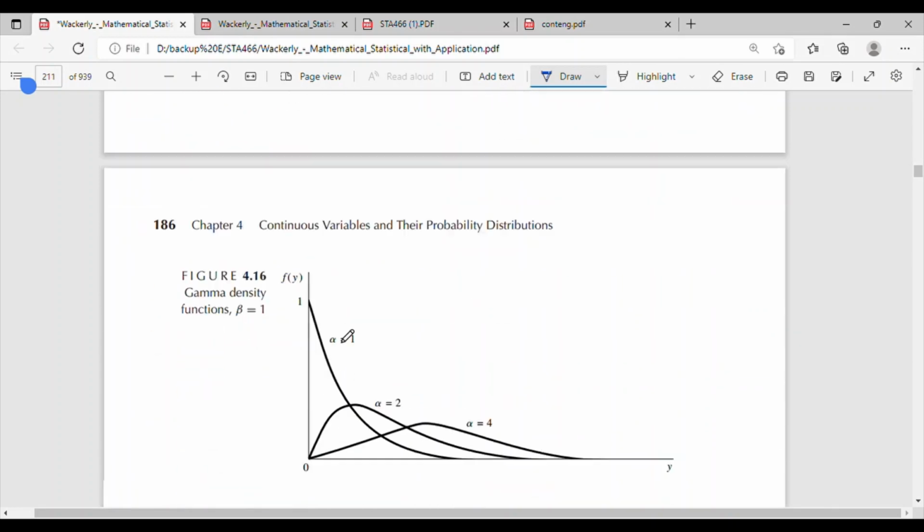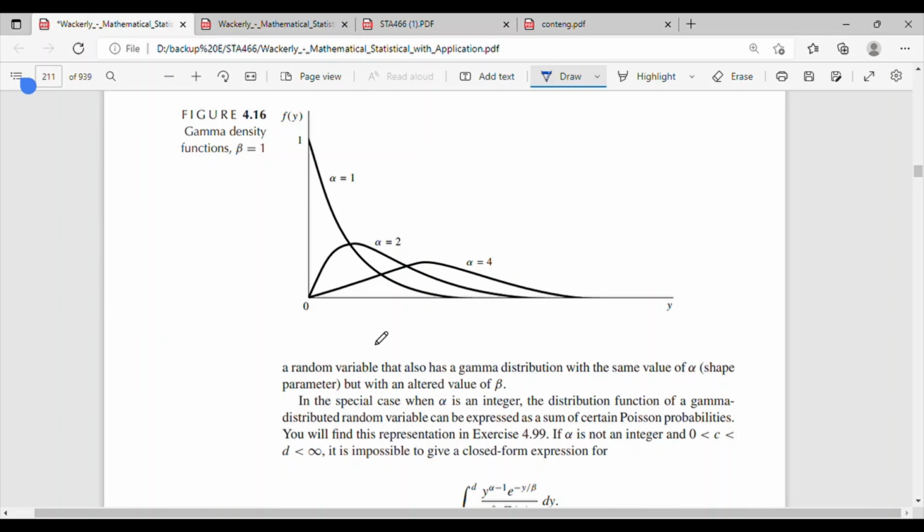If we look here, alpha, when beta is 1, in the distribution earlier there are parameters alpha and beta. Different alpha will give different types of graph for this gamma density function.